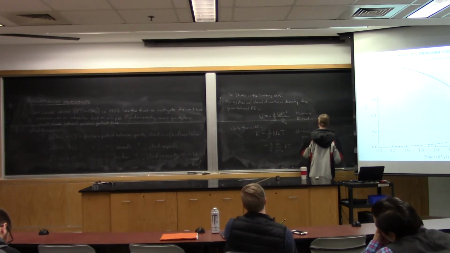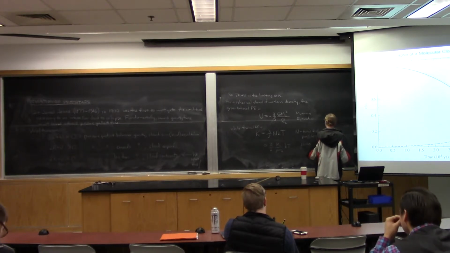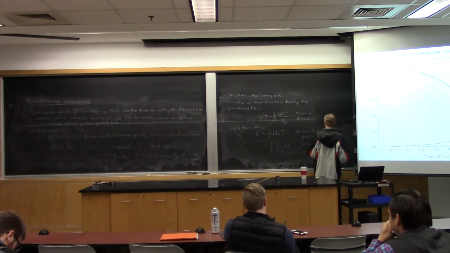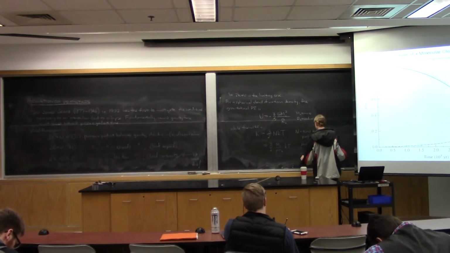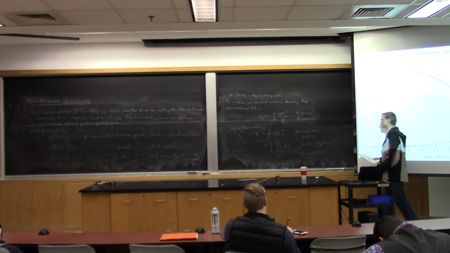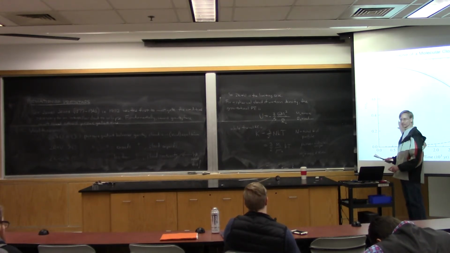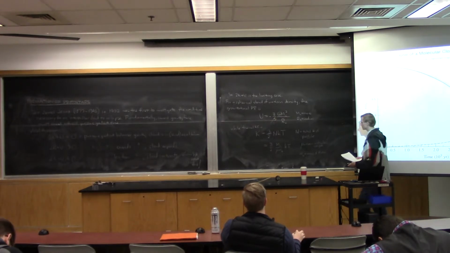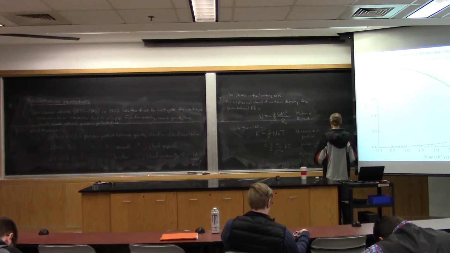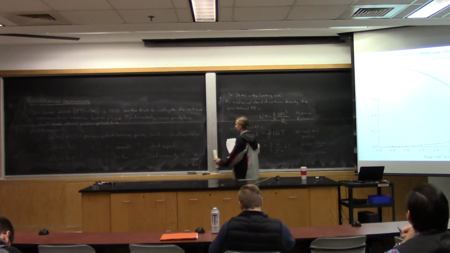Here mu is the mean molecular weight, and mH is the mass of a hydrogen atom. So total mass divided by the average mass per particle is going to be the total number of particles. Mu mH by definition is the average mass per particle, with the mean molecular weight in terms of the mass of a hydrogen atom.